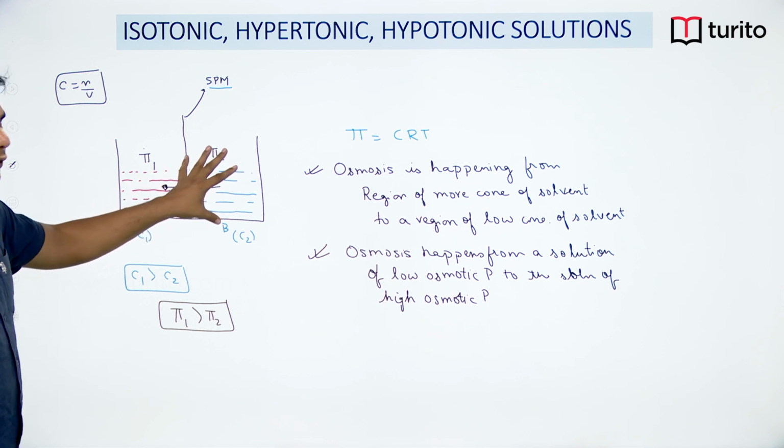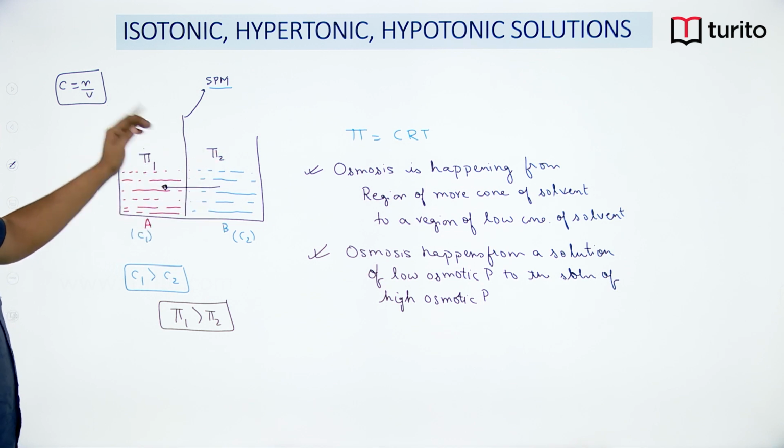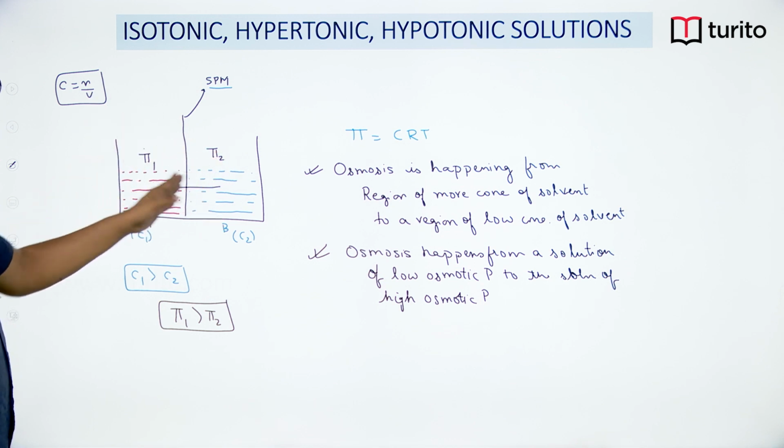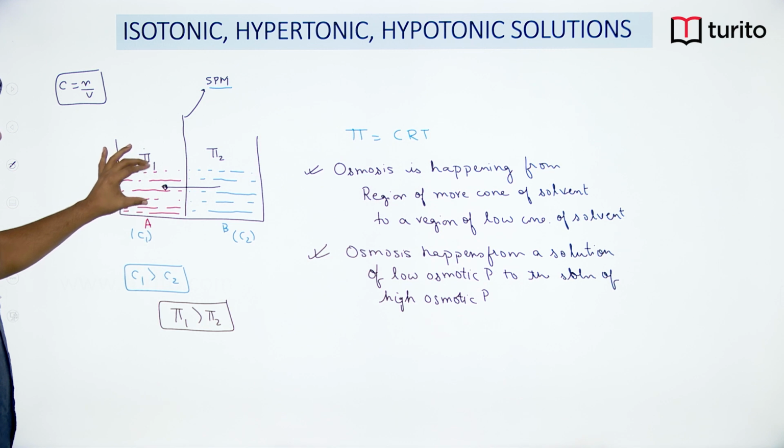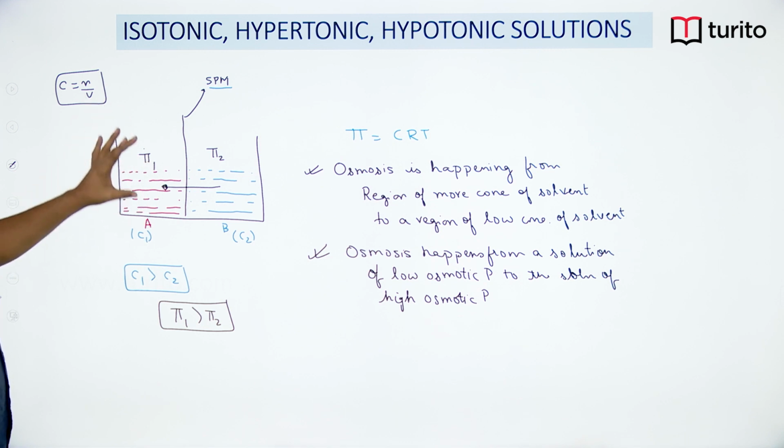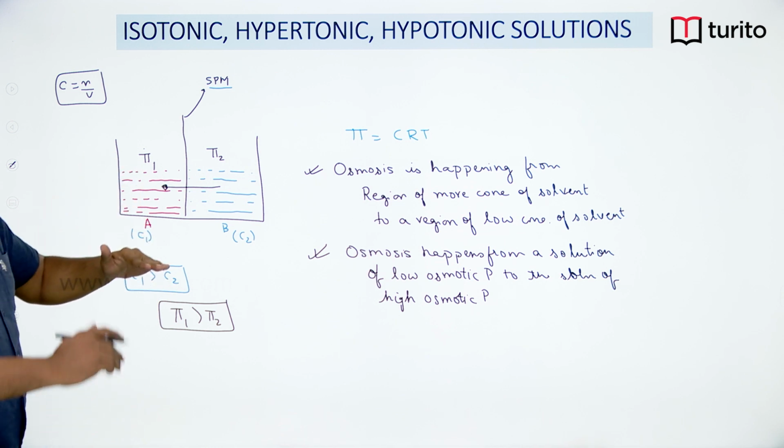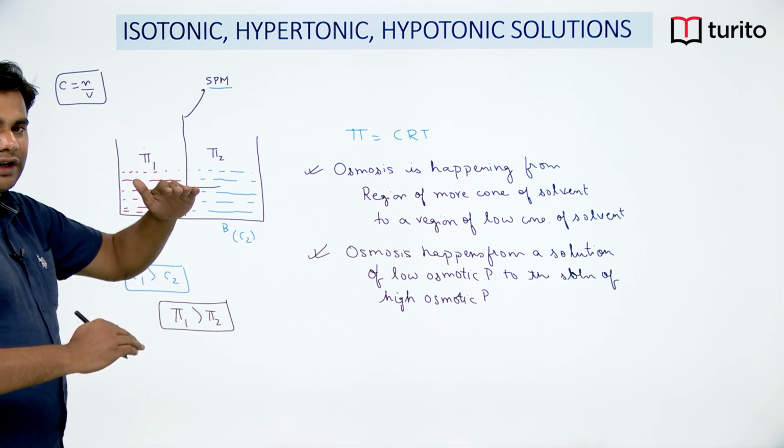Now the solvent is coming to side A, so the volume of the solvent would increase, so the concentration would decrease. So one concentration is decreasing, the other is increasing.